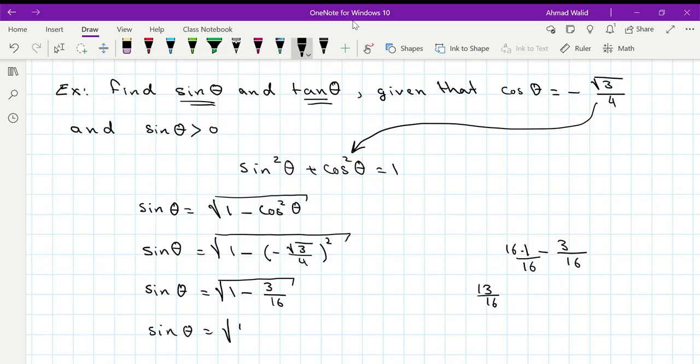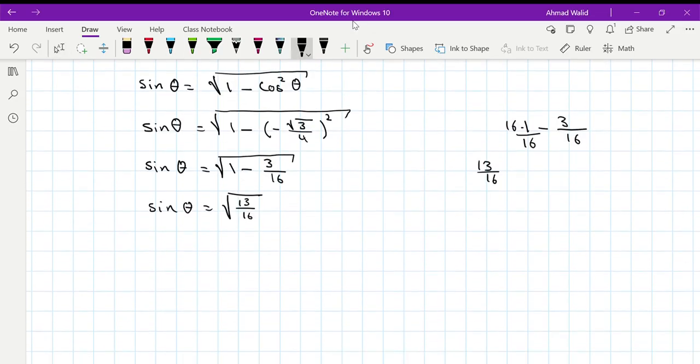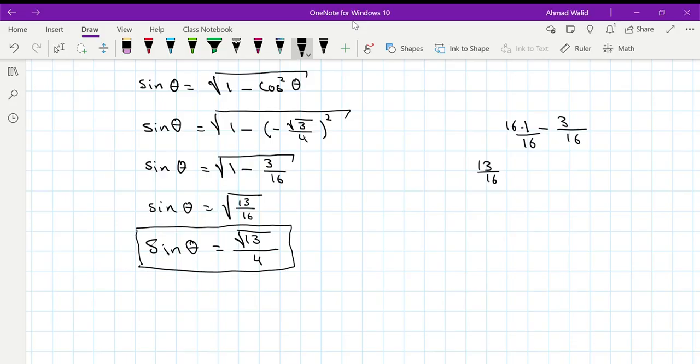Square root of 13 over 16. Now you can simplify a little bit. You can say sine theta equals... 13 doesn't have a perfect square root, so keep it under the square root. But 16 has a perfect square root, which is 4. Here you go. You found the sine of theta.